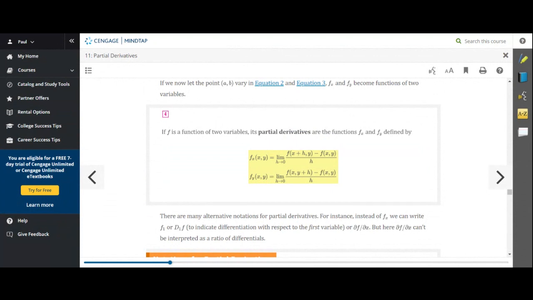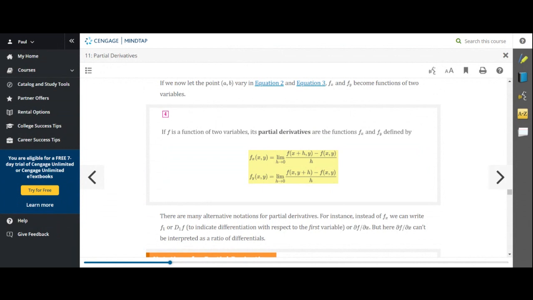So if you have a function of two variables, a function of x and y, do these definitions remind you of the definition of a regular derivative? They're similar, aren't they? But you have a function of two variables.